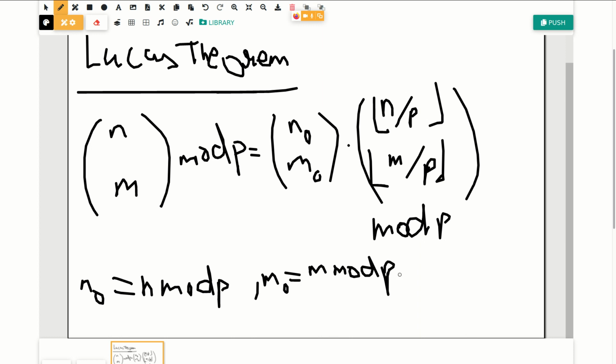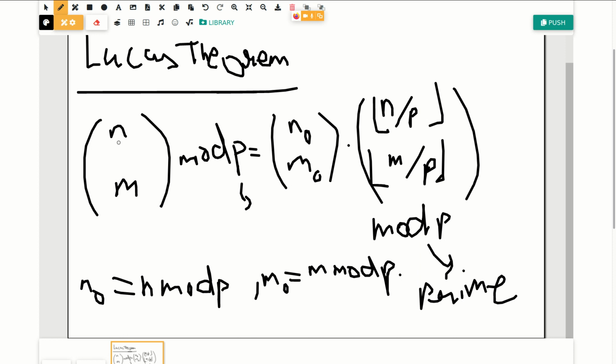Now, how is this interesting basically? The reason that this is interesting is that we can calculate pretty large NCM values given that our P is very small. This formula holds for only primes, so P is prime here. Why is this interesting?